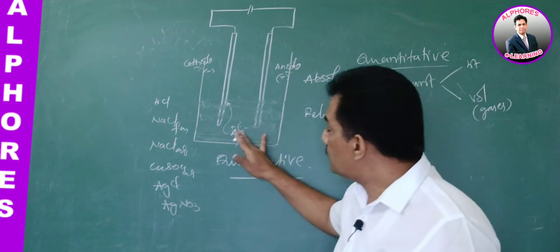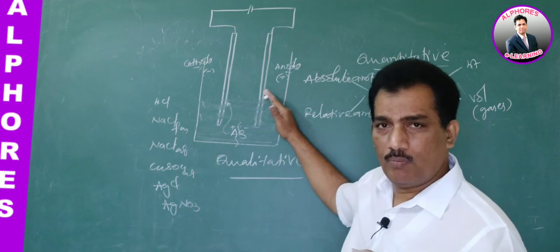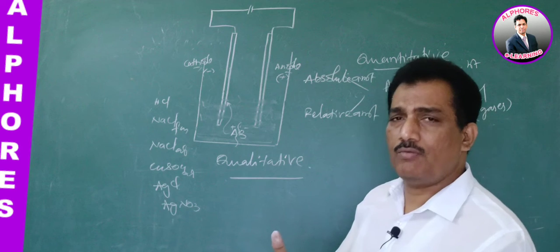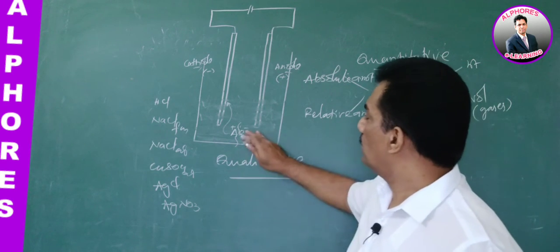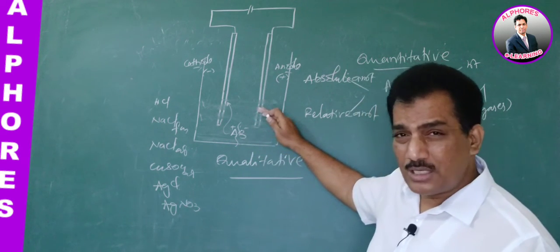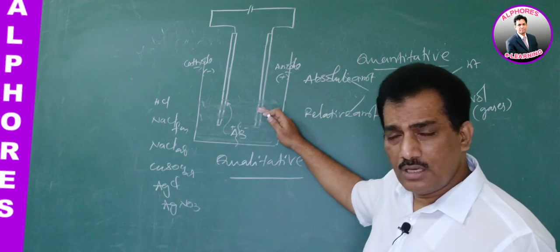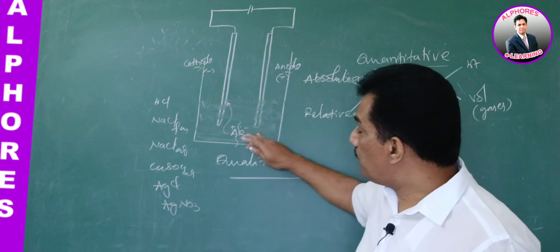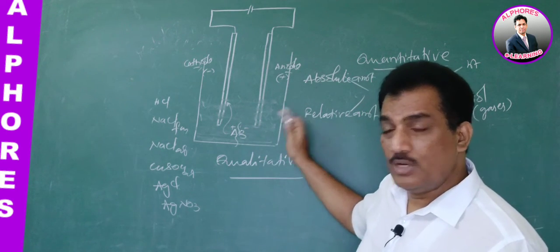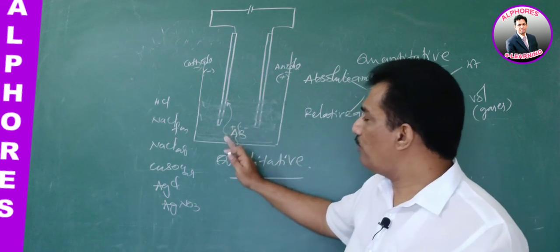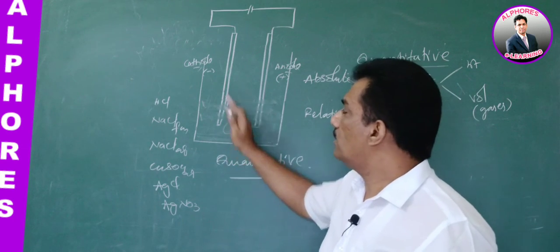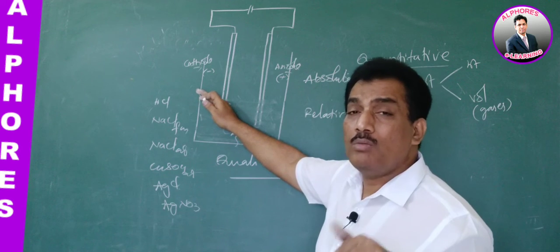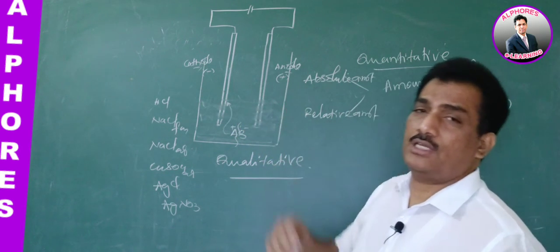Now this B deposited, that amount we know. Let us consider the second factor also. In the previous case, how much B is deposited, we are not comparing with any other. But now this B deposition is measured in terms of A. They are providing the data as some X amount of A is deposited, then how much amount of B is deposited at this electrode.